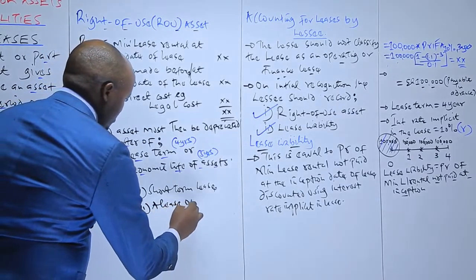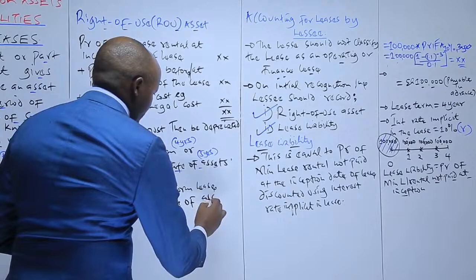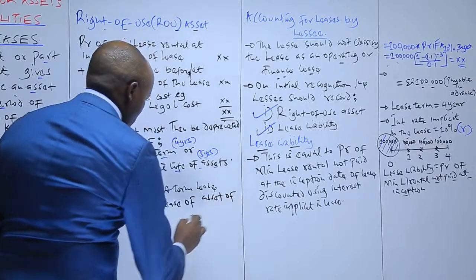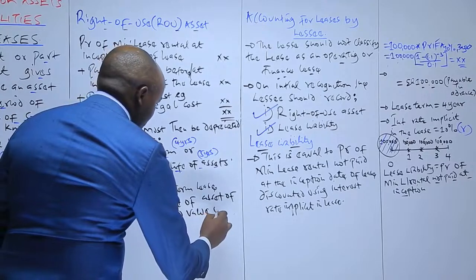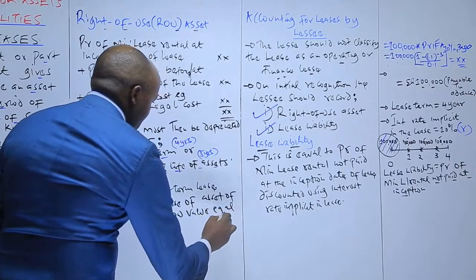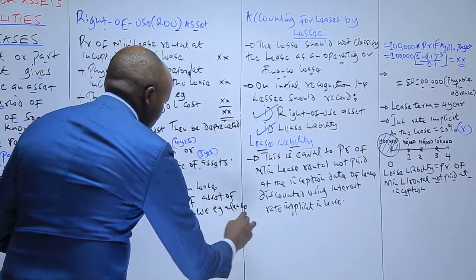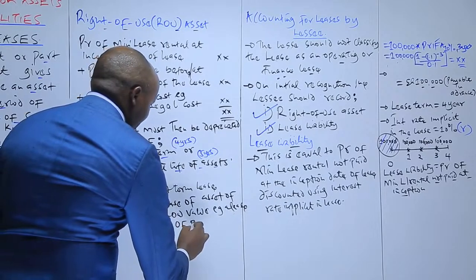Number two, or the other exception, is in the case of a lease of an asset of low value. A good example of this is a lease of a personal computer.